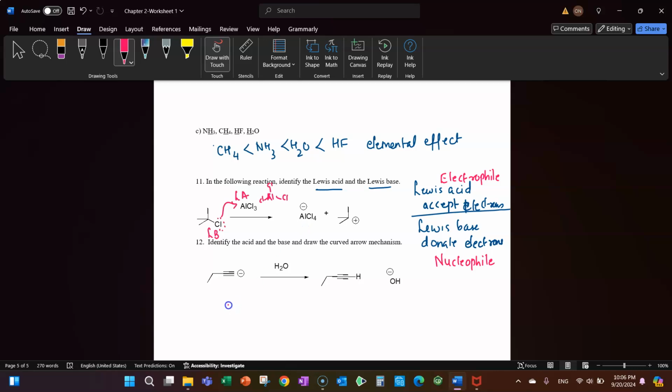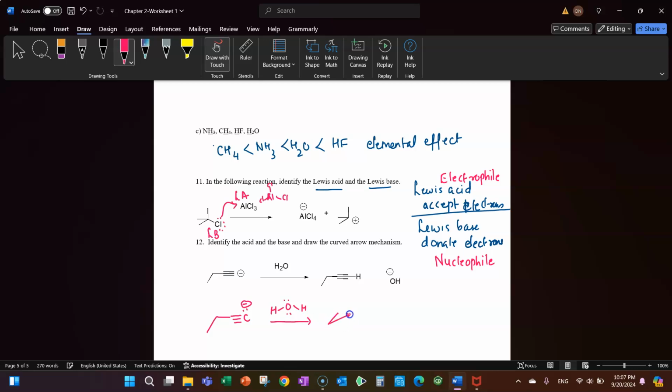Okay. The last question is coming back to the Lowry-Bronsted acid-base theory, where it's asking you to draw curved arrows. So draw the carbon with a pair of electrons, negative charge, to make it a clearer picture. It's reacting with water. You can draw the bonds to water.